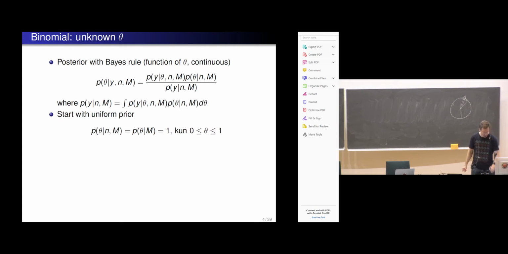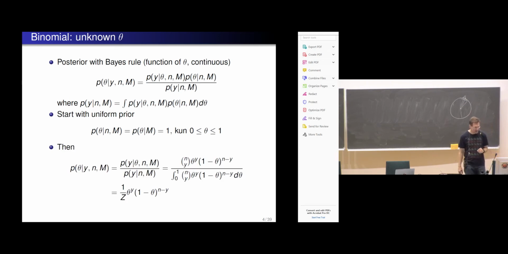For simplicity, we start with the uniform prior, assuming different theta values are all equally likely between 0 and 1. And then on top we have only this function which was describing the observation model, and below we have some integral. Now it is common that this integral below is just denoted by capital Z, in a way that it's not necessarily needed right away.